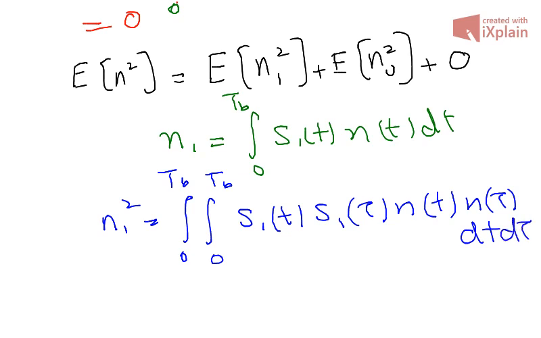Let's change the variable of n1 and n1. So the square of n1 can be written in this form, as we did in the previous derivation. It's the same procedure as in the previous derivation. If you are interested in its expected value, you are interested in this expectation.